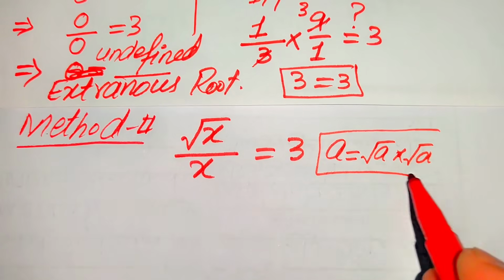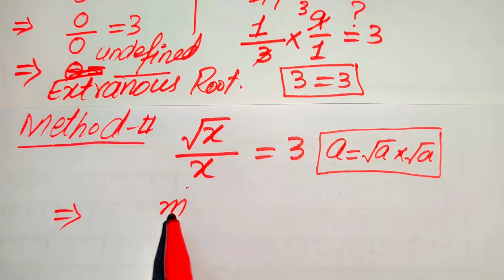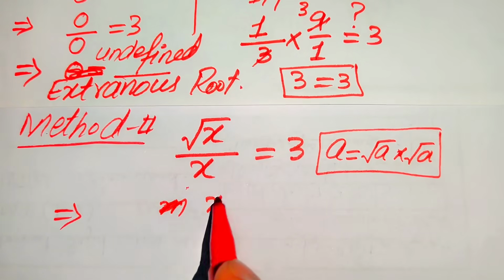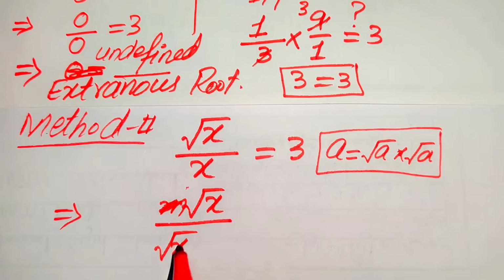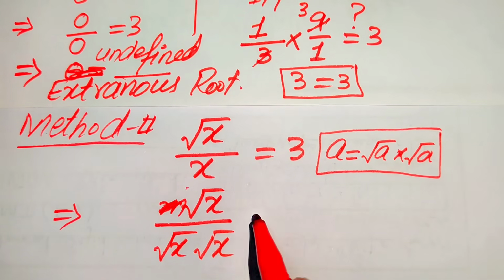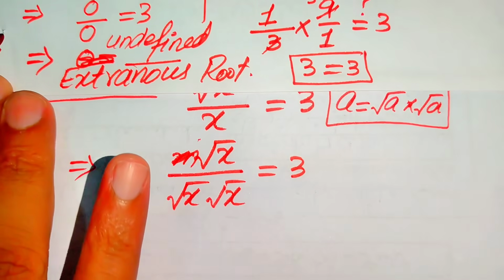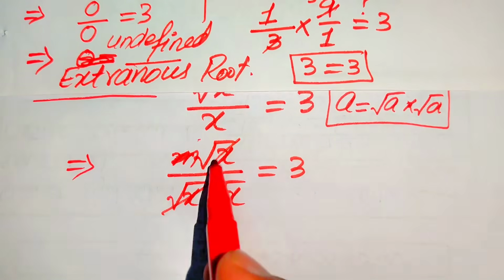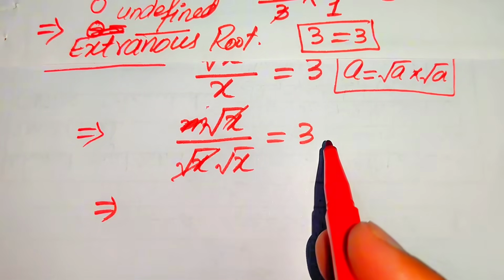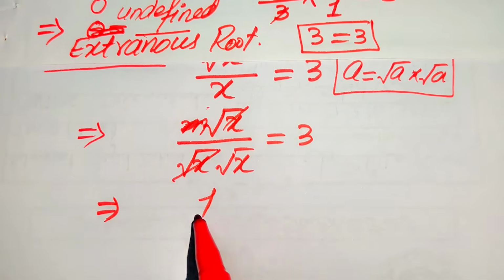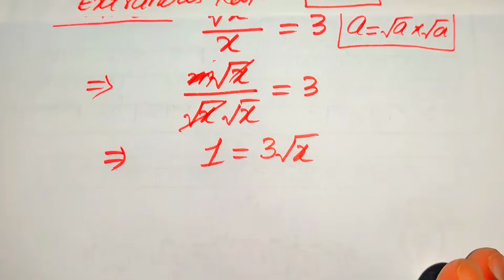According to this rule, we write this x as the square root of x into the square root of x. So it becomes the square root of x divided by the square root of x multiplied by the square root of x, equals 3. And you see this square root of x is cancelled out by this square root of x, and we move the remaining square root of x to the right hand side and it is written as 1 equals 3 times the square root of x.